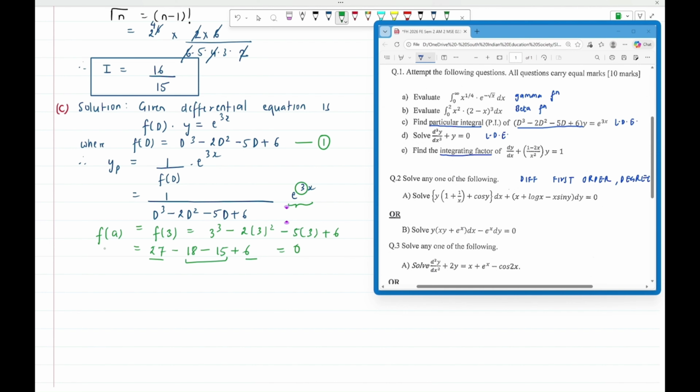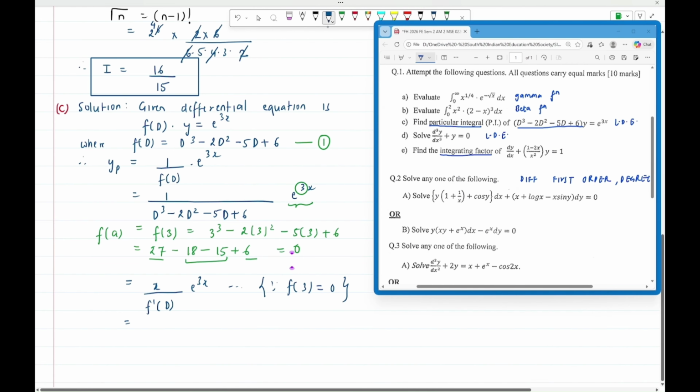If it happens that f of a is 0, then we have to differentiate f of D, and we are also going to add a multiplier x in the numerator. So this is going to become x over f dash of D times e raised to 3x, and this happens since f of 3 is equal to 0.